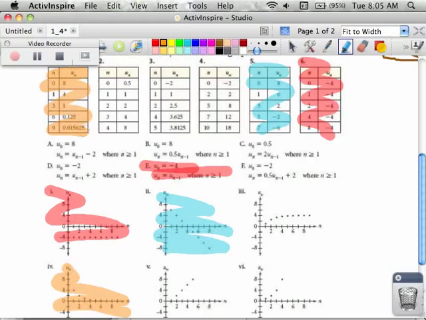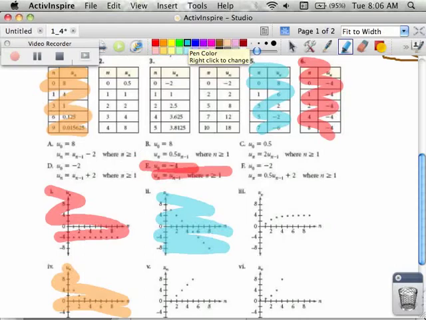And what I notice is that picture number II is going down at a constant rate, or in other words, it's linear. So if you're going down, back from our recursive equations, that means that I'm going down by the same amount. In other words, subtracting off something. So when I'm subtracting off something, I look for an equation where I start somewhere and then I subtract off a number.